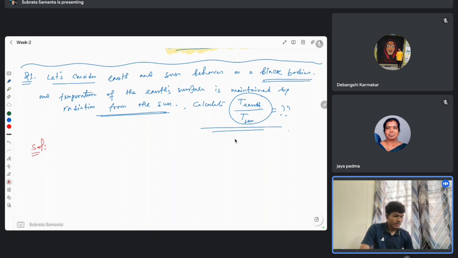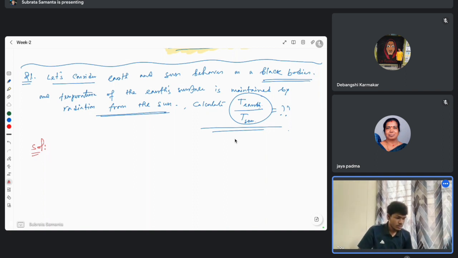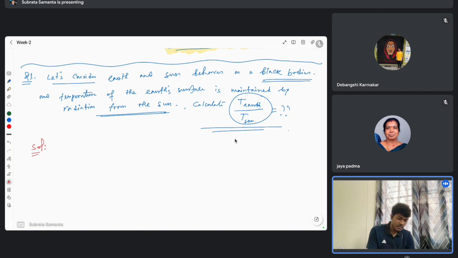So how to calculate? Earth and Sun are both black bodies, and the temperature of the Earth's surface is maintained by the radiation from the Sun.